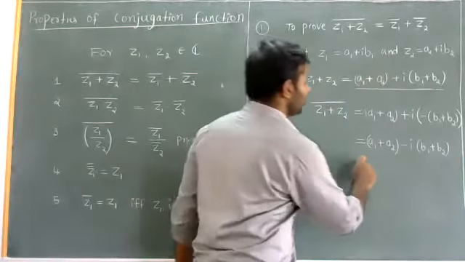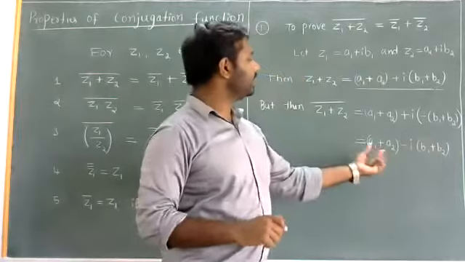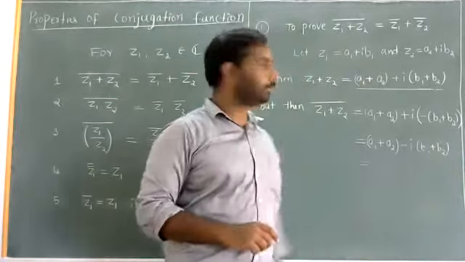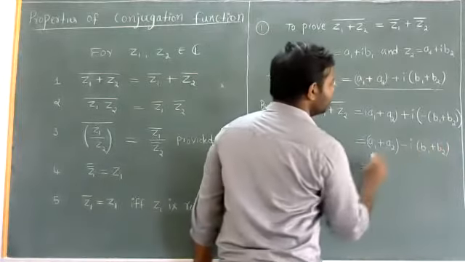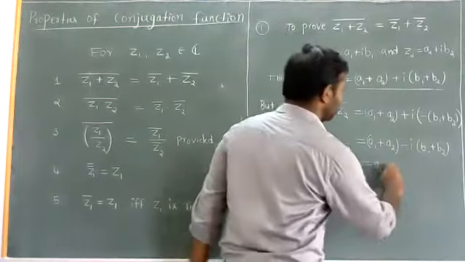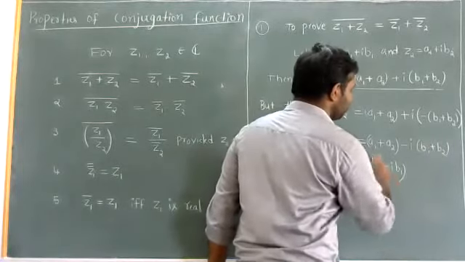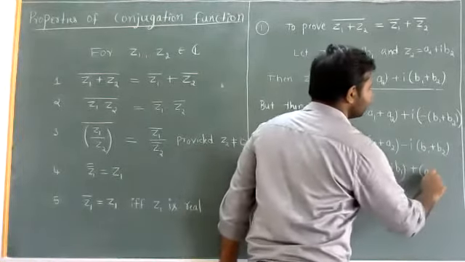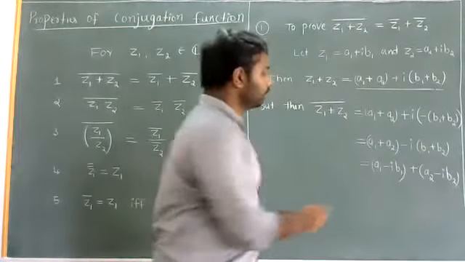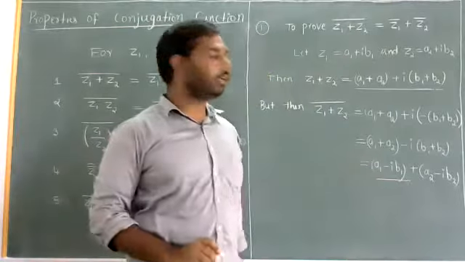Now multiply and separate a1, b1 from a2, b2, right? So a1 as it is minus i into b1, plus a2 as it is minus i into b2. So what is a1 minus ib1?